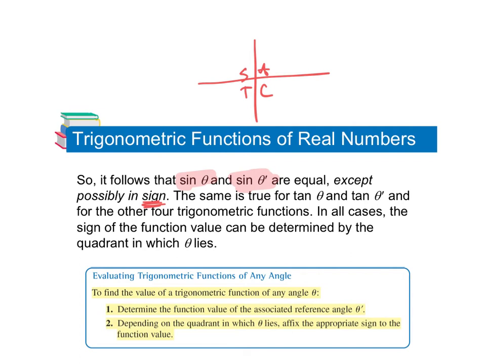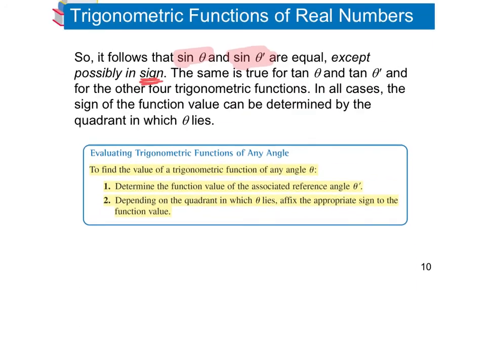Always when evaluating your trig functions, the last thing you want to do is double check your sign, make sure your positives and negatives are right. You can do that by all students take calculus. So here, to find the trig function of any angle theta, when solving for our 6 trig functions, the first thing we need to do is determine the function of the associated reference angle.